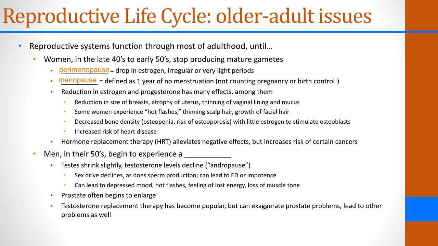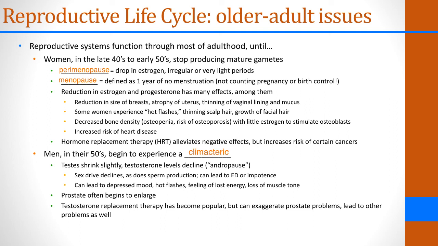And this is due to the fact that with little estrogen there's not really a good stimulation of osteoblasts. Increased risk of heart disease is also a real concern. Hormone replacement therapy alleviates these negative effects, but it can also increase a risk of certain cancers.